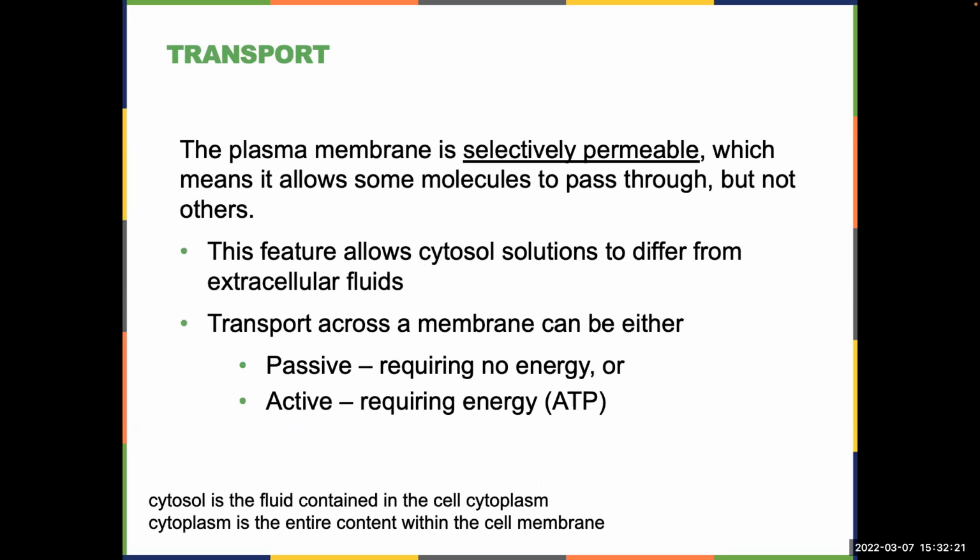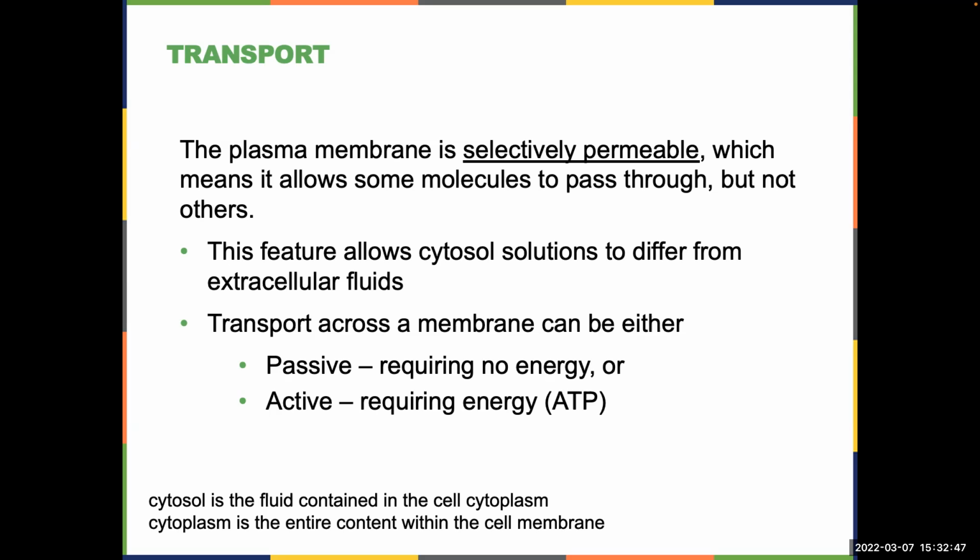Okay, transport. So the plasma membrane, we learned already that it has a fluid mosaic model, being flexible, fluid, right? Now we're thinking about transport, getting things from one side to the other. So we say that it's selectively permeable, which means that certain molecules are allowed to pass through and not others.